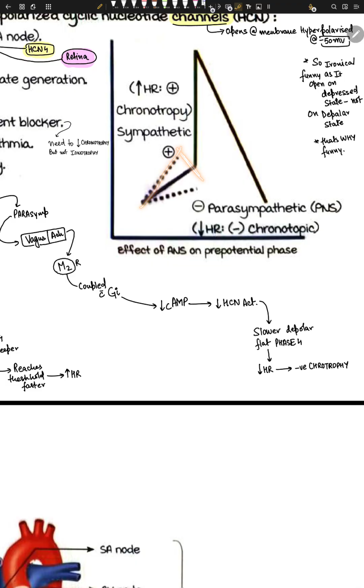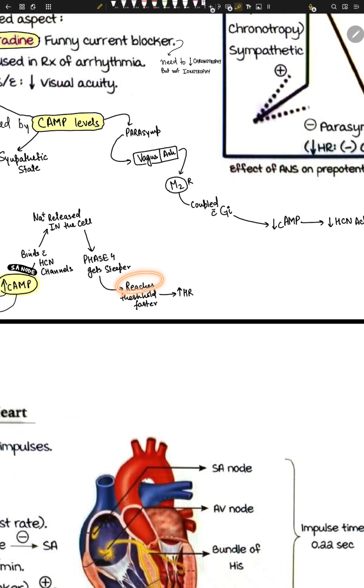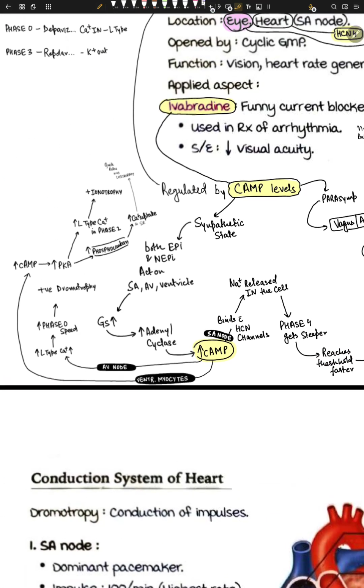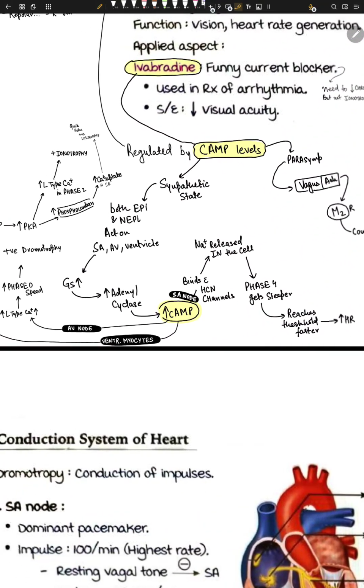It reaches threshold faster, and then we have this upstroke because of the long-lasting calcium channels. So we reach threshold faster due to the increased level of cAMP, and we have more impulse generation. It's positive chronotropy, and we have more heartbeat. So the sympathetic system induces more heartbeat. It is responsible for more heartbeat.